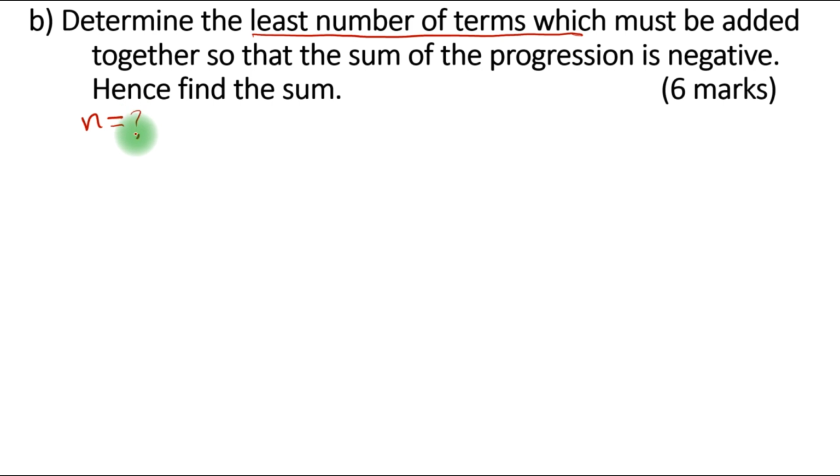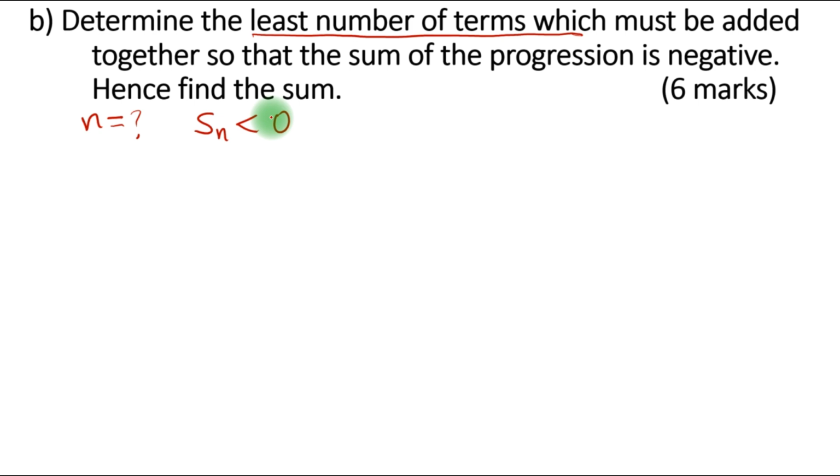And something else, we need to find the sum of the n terms, such that the sum of the progression is negative. In other words, the sum of those numbers must be less than 0.